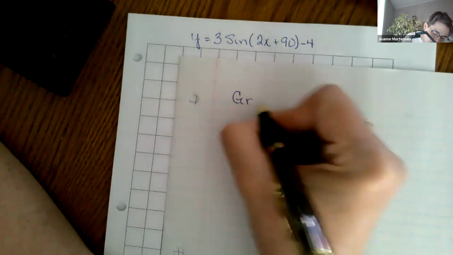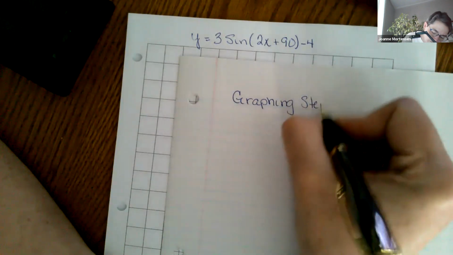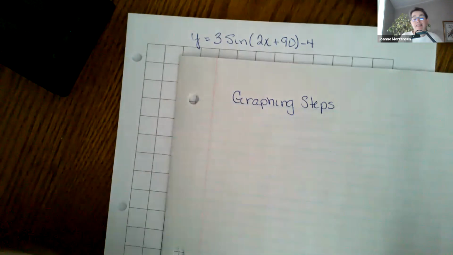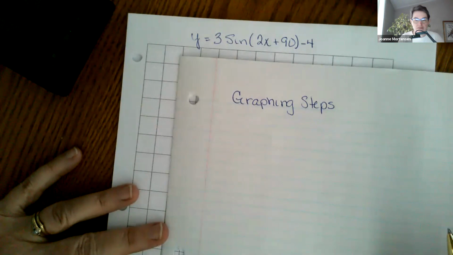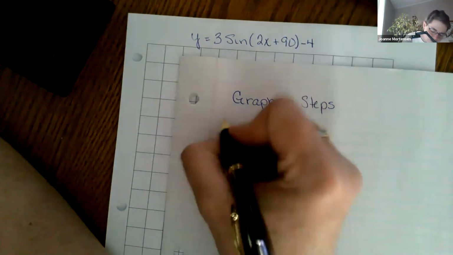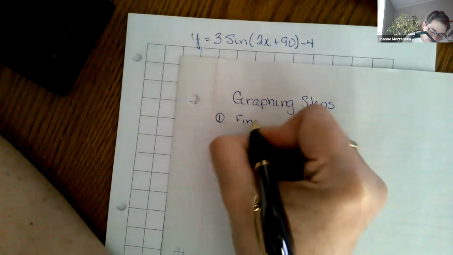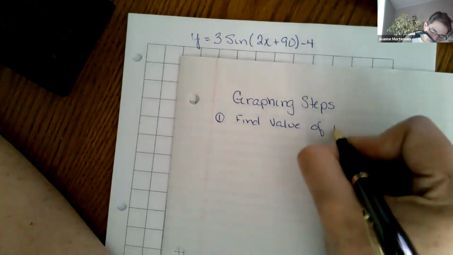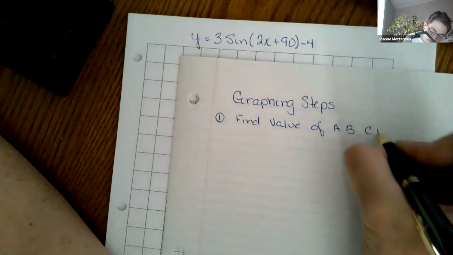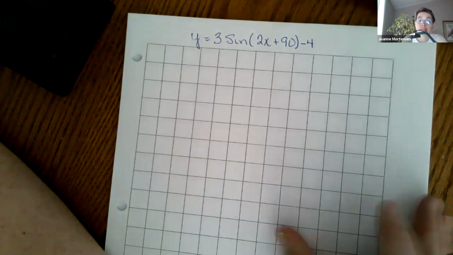Okay, so graphing steps. And this is for these handy dandy sinusoidal graphs. So whether it says sine in there or cos, we're good. So step number 1 is find the values of A, B, C, and D. And I made our first one here pretty straightforward because they're all there.